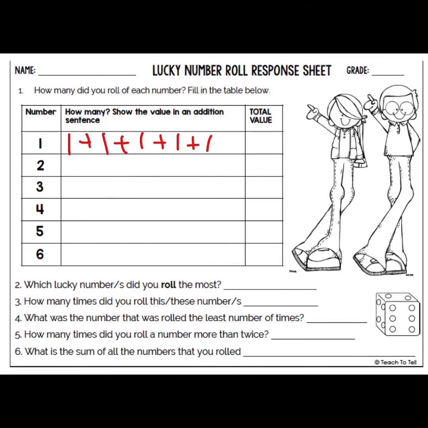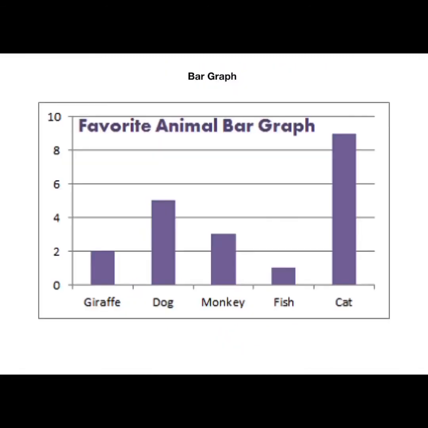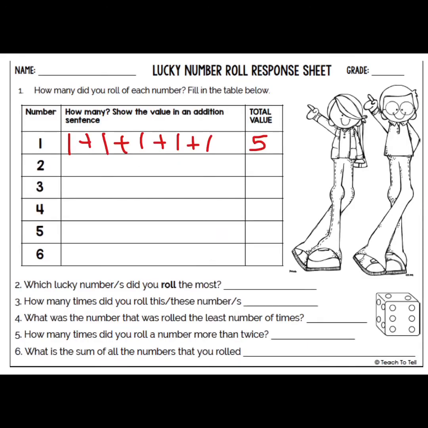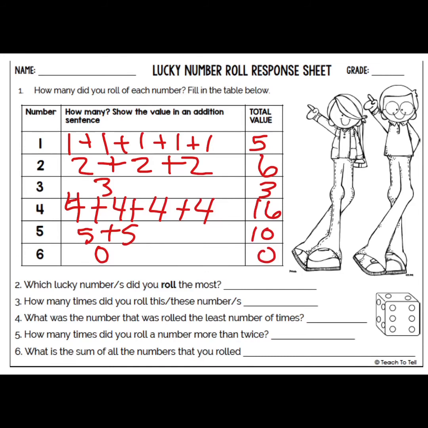And I know 1 plus 1 plus 1 plus 1 plus 1 equals 5. I'm going to go back and I'm going to look at the number 2. I rolled the number 2, 1, 2, 3 times. So I'll have 2 plus 2 plus 2. And I know 2 added together 3 times is 6. I'm going to go through and I'm going to fill out the chart until I have added together all of my numbers.